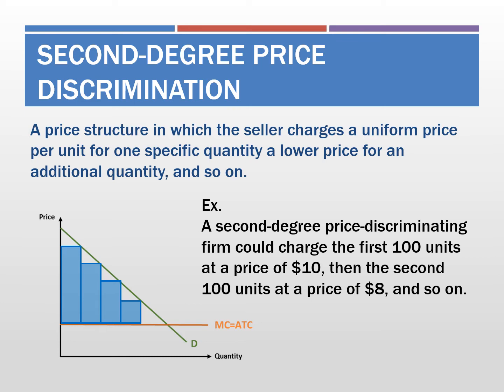If someone is willing to buy more at one time, the firm might offer a bulk discount. So because of the downward sloping demand's nature, the firm can charge different prices based on how much quantity of the goods the consumer is willing to buy at one time.